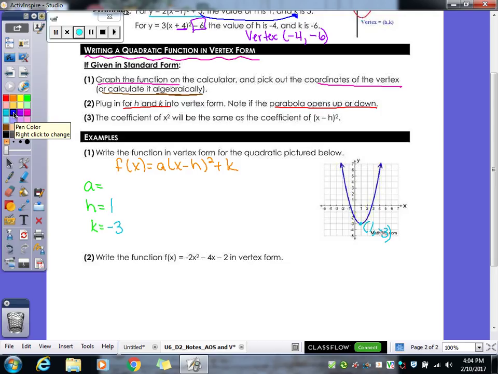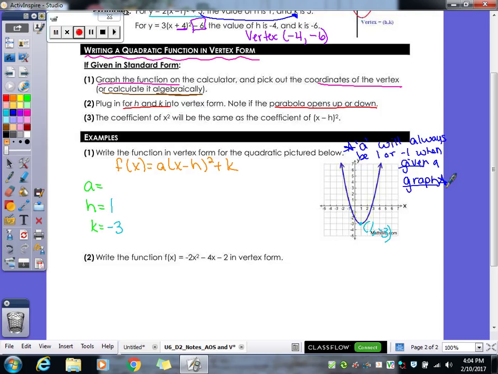Now a little trick I'm going to tell you. For right now in Algebra 1, your a will always be 1 or negative 1 when given a graph. And that's only when you're given a graph. If it's not a graph, it's going to be different.